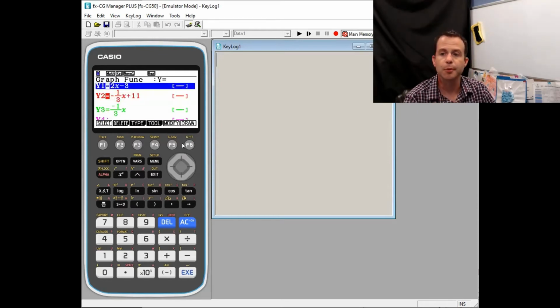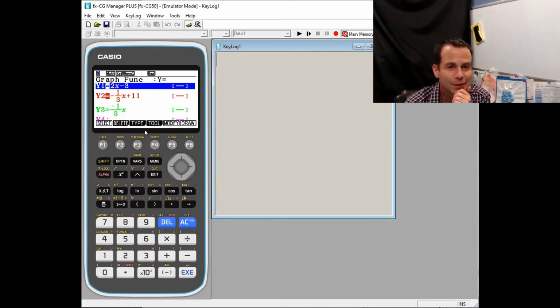The other thing before we look at a picture here that I wanted to mention is it's often a good idea to somehow distinguish, if you have a black and white calculator, like it's not color, that's what black and white means, between your Y1 and Y2. So I just want to show you how to do that.